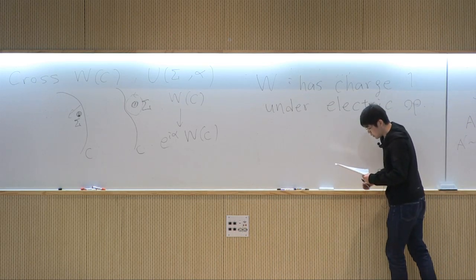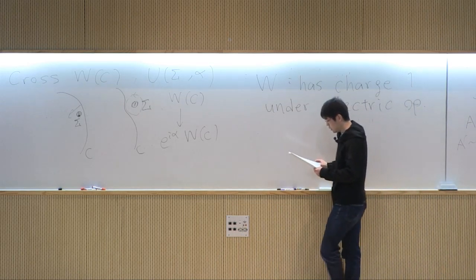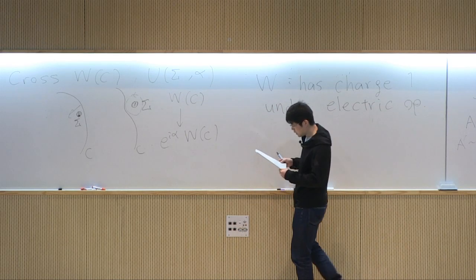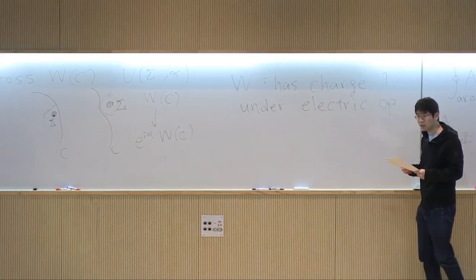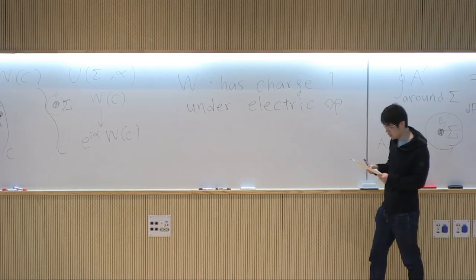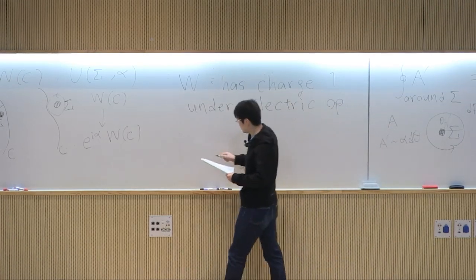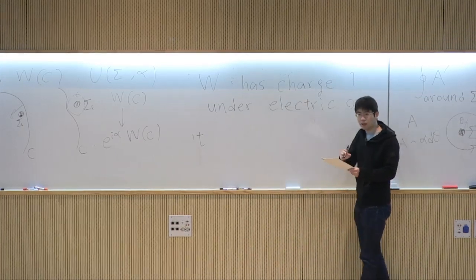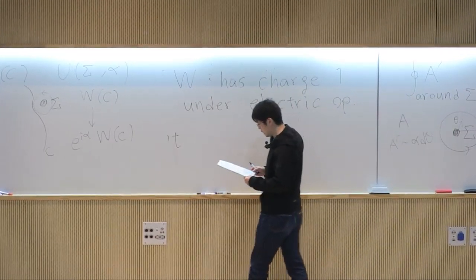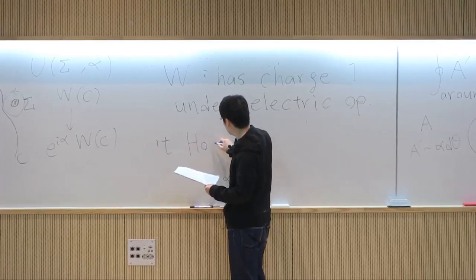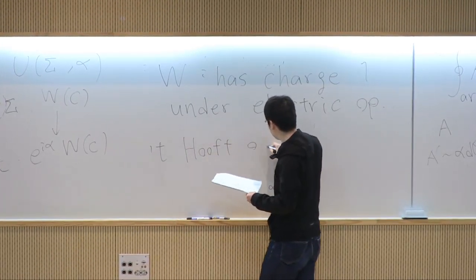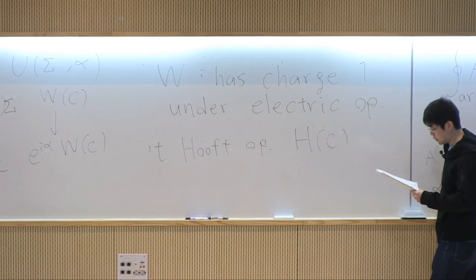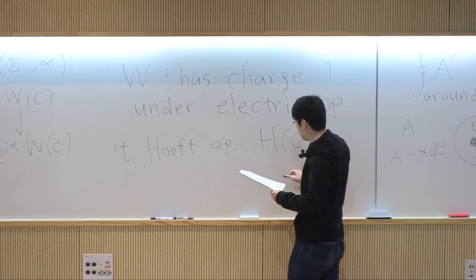And let me also mention the case of magnetic symmetry. The operator which has charge under the magnetic one-form symmetry is a 't Hooft operator. That's easy to guess because of the electric-magnetic duality. So the 't Hooft operator, which I denote as H_C, has charge 1 under magnetic symmetry.